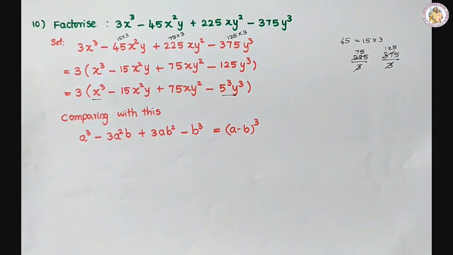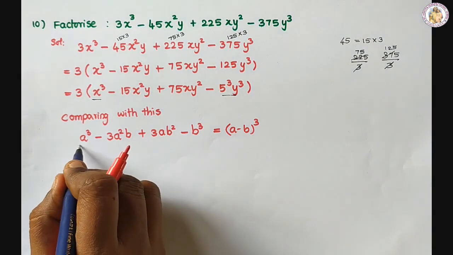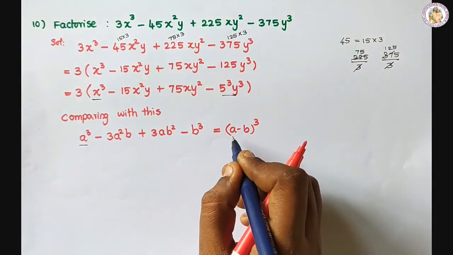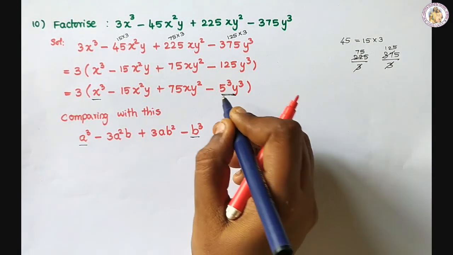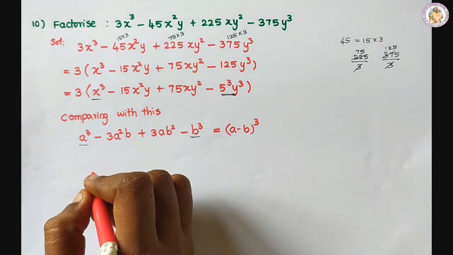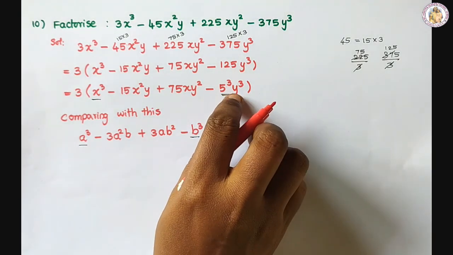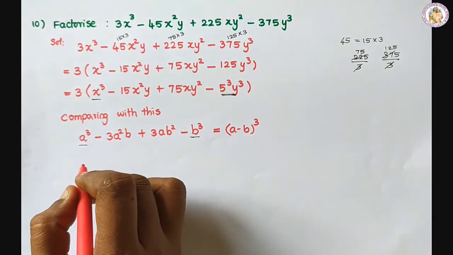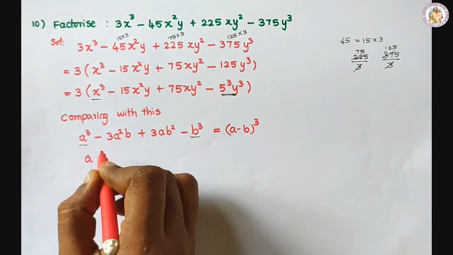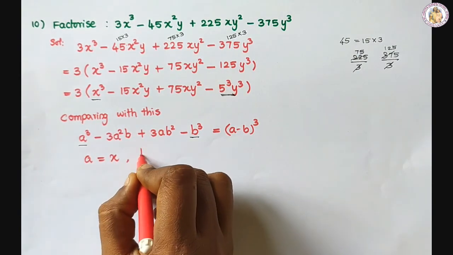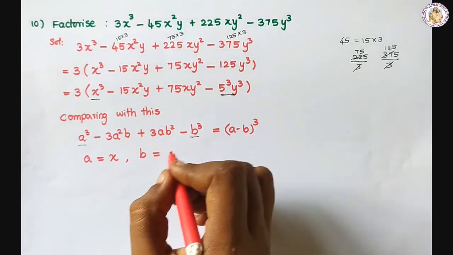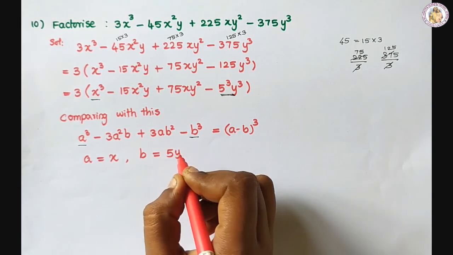Listen here. Here a cube, here x cube, b cube means 5 cube y cube. So that is 5y whole cube. So a equal to x, b equal to 5y.